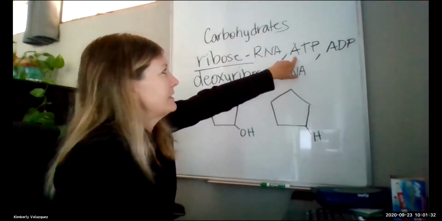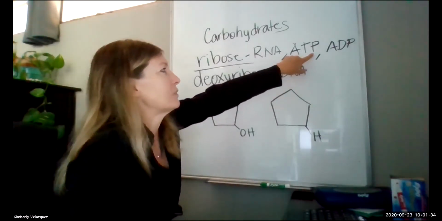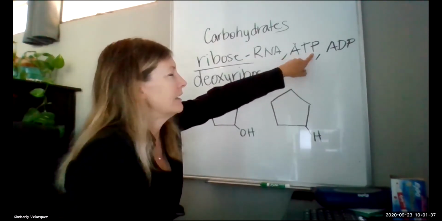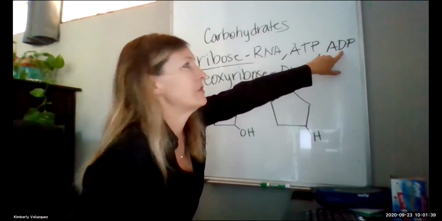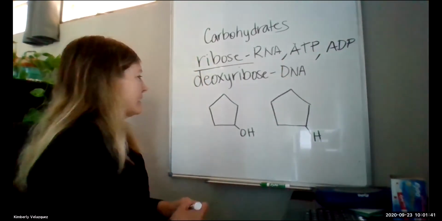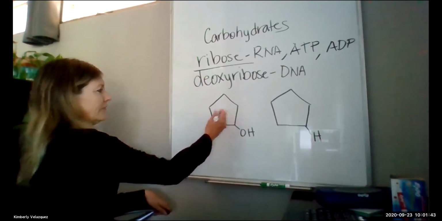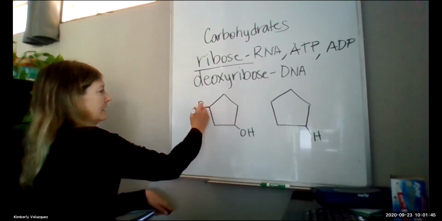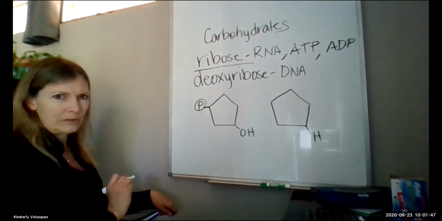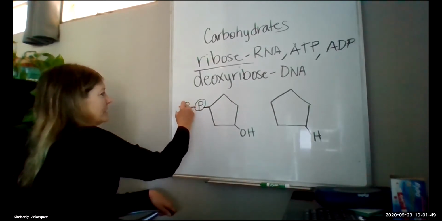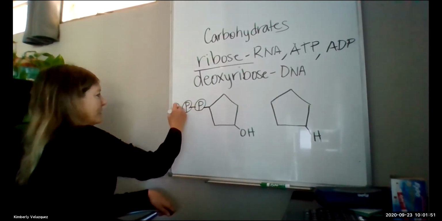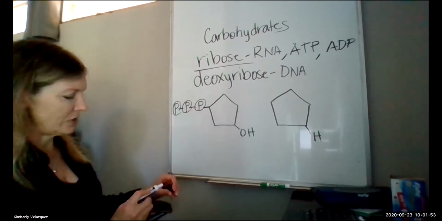This stands for adenosine triphosphate. So it actually has 3 phosphate groups, and adenosine diphosphate actually has 2 phosphate groups. So you're going to see, if this was RNA, it would have 1 phosphate group. ADP is going to have 2, and ATP is going to have 3 in that location there.